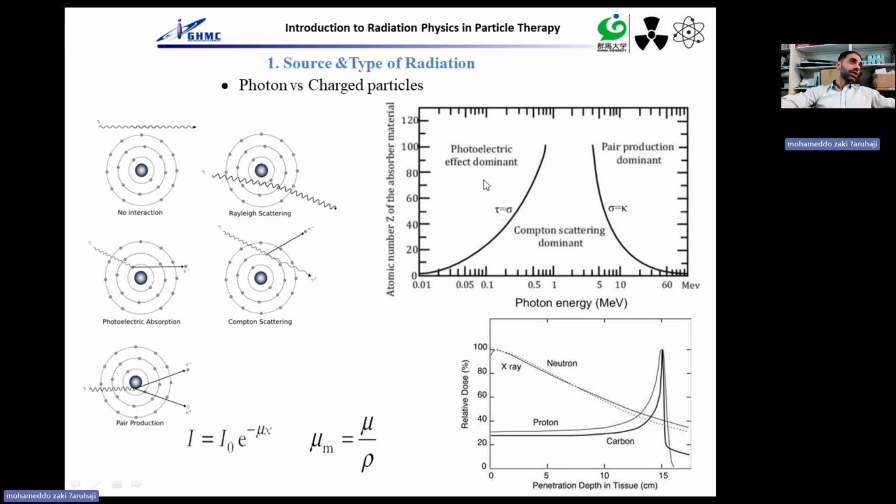And then the thing we should consider in our photon therapies is what we call attenuation coefficients, which is this equation I think you are all familiar with.